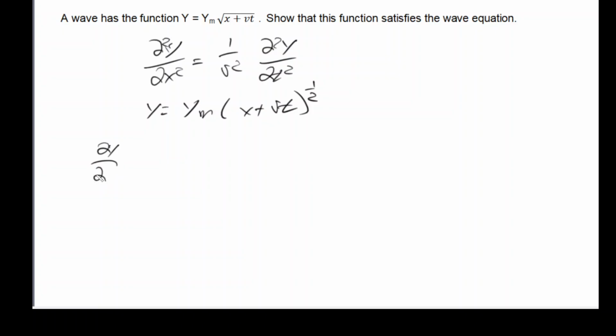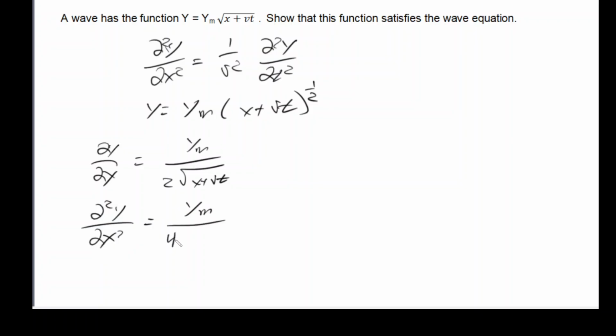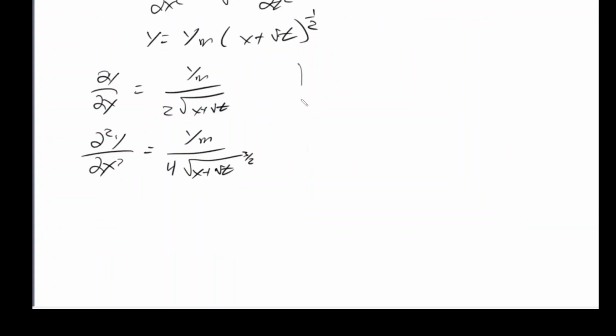So dy dx is equal to y sub m over 2 times the square root of x plus vt. And the second derivative of y with respect to x then becomes y sub m over 4 times the square root of x plus vt to the 3/2 power. Now let's take the derivative with respect to t.